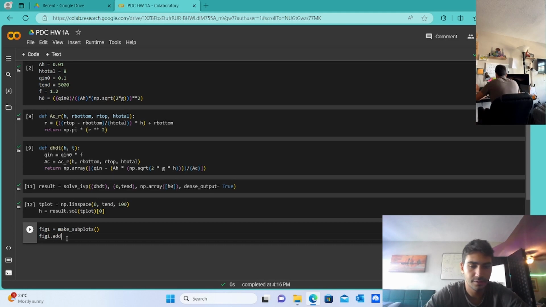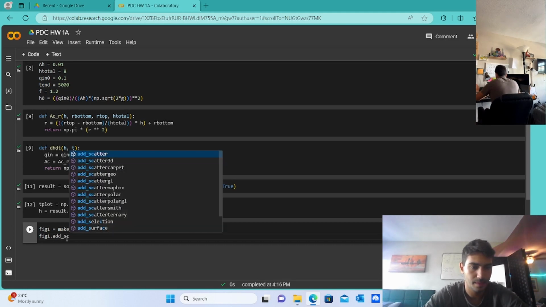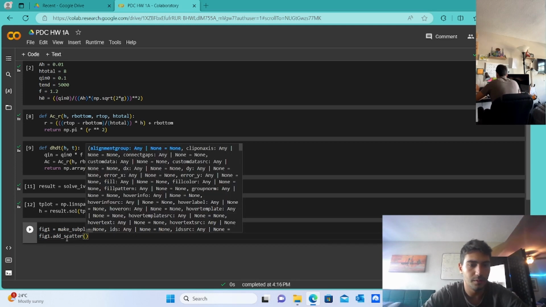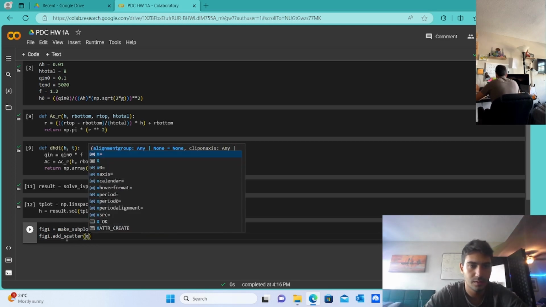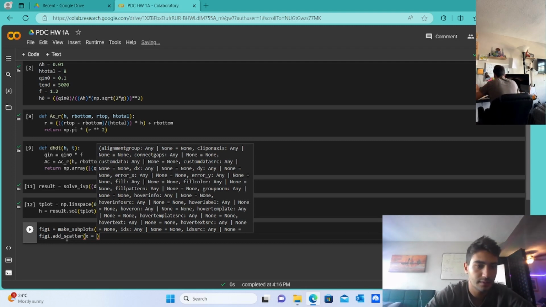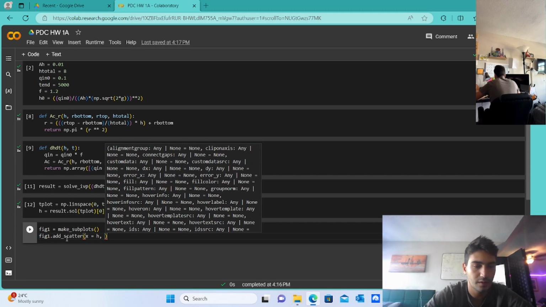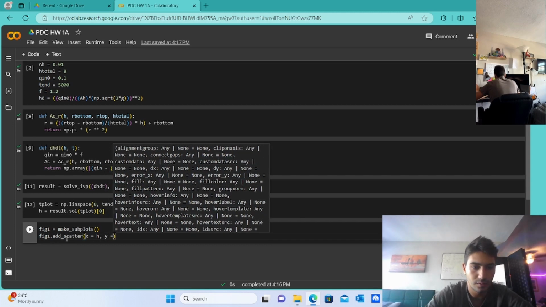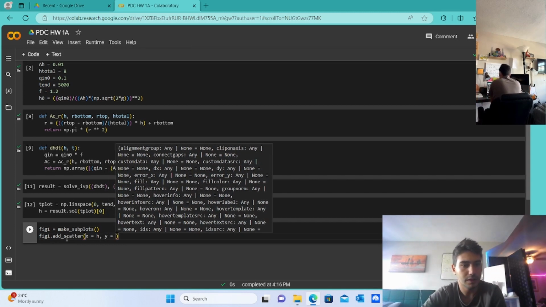We're gonna add scatter. Where we want the x value to be, we said x is going to be our height, okay, so h, and then our y value is going to be time.